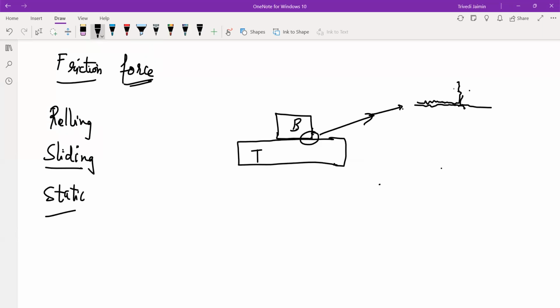The names themselves suggest sliding, rolling, and static. So which should be the highest? Static is greater than sliding, which is greater than rolling. Right?